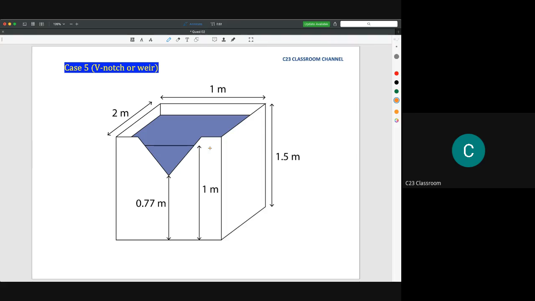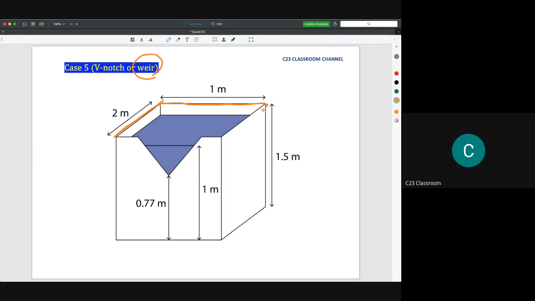Okay, for question number 5 here, we change our situation a little bit. Let's say we have a weir. I thought we already learned about the triangular weir and rectangular weir in fluid mechanics 1 when we discussed the flow rate. So to simplify our calculation, let's say we have a big tank like this. Not so big, it's 2 meters times 1 meter.